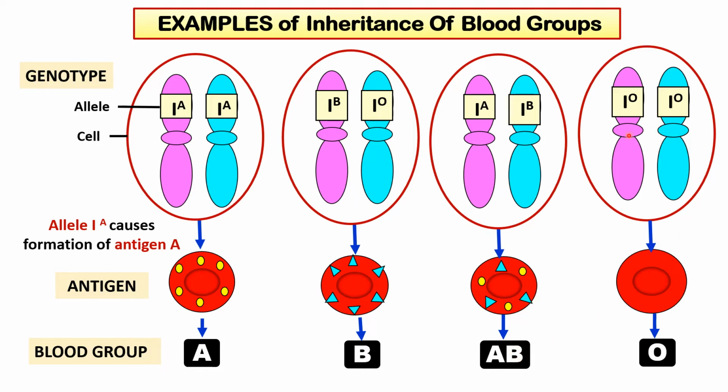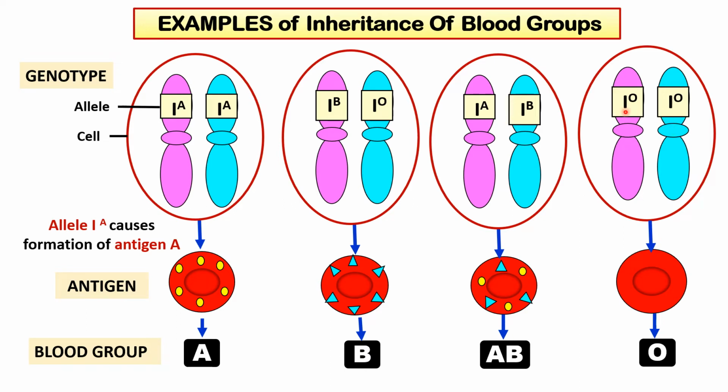Okay. And for a person who has this genotype IOIO, this person is called a homozygous individual because he has two similar alleles, two alleles that are the same, identical alleles, as we have studied in the other subtopics.